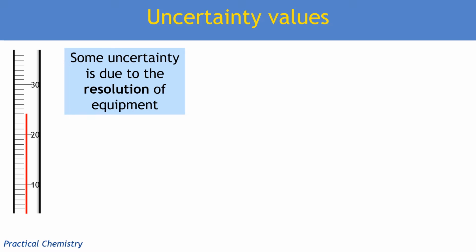So if I look at this thermometer, it reads in 1 degree divisions. That is, the smallest division between the lines is 1 degree. So the uncertainty, well, I can't say that I can only read to a whole degree.